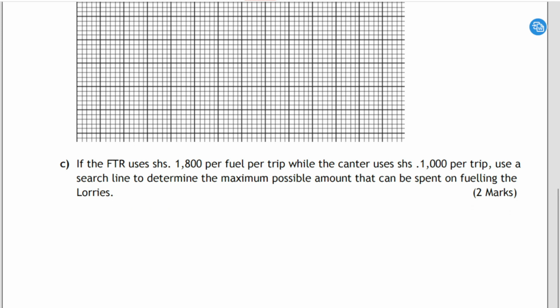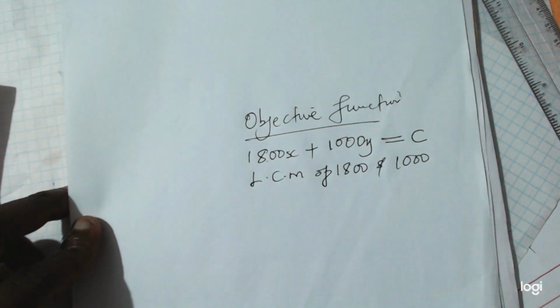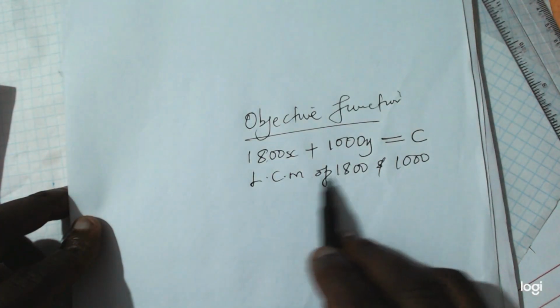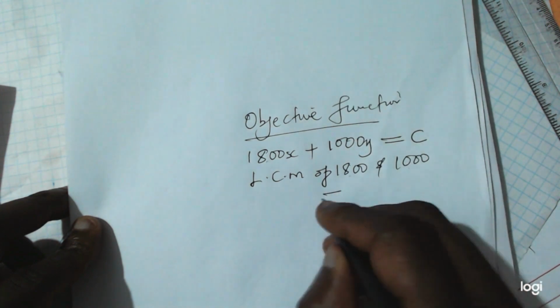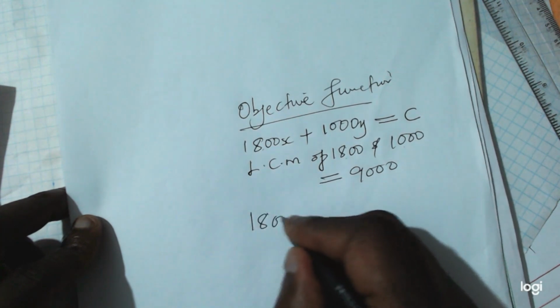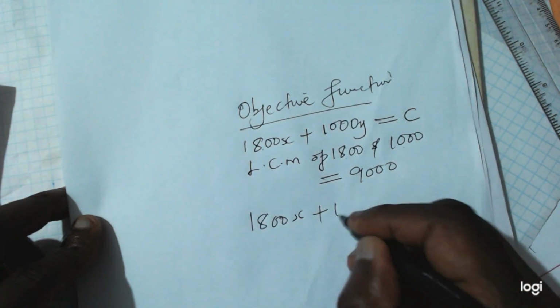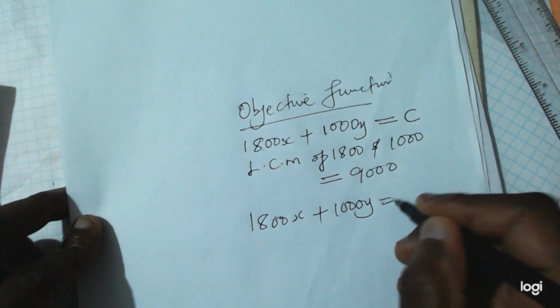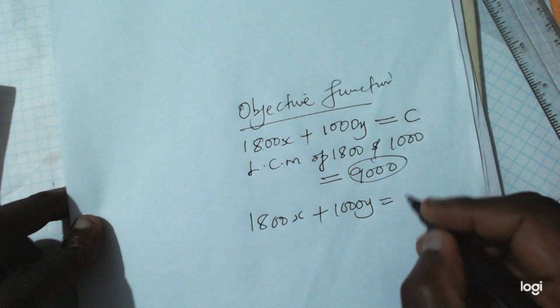The easiest way to draw a search line is by getting the least common multiple of 1800 and 1000, which is 9000. So we take 1800x plus 1000y equals 9000.